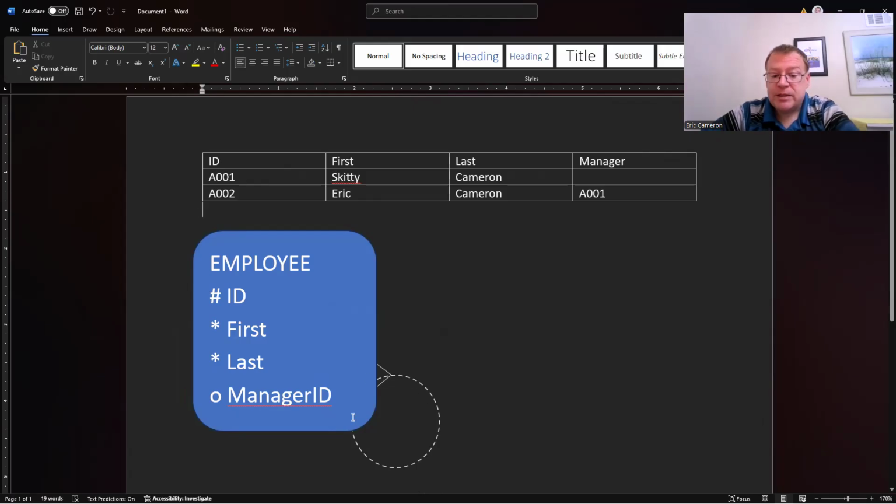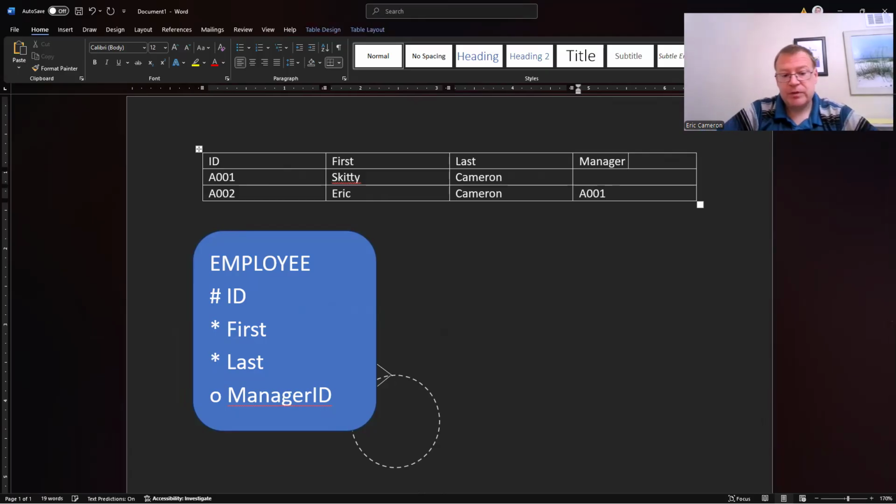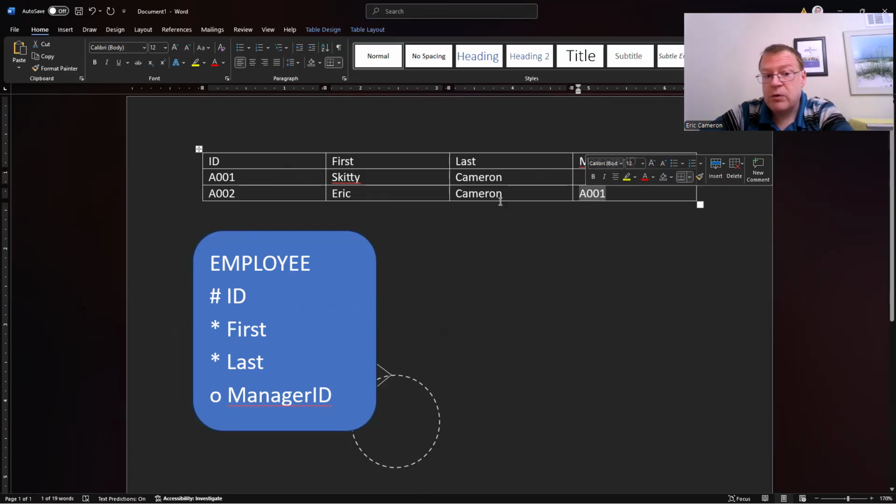But the idea here is that an employee can be managed by another employee. And this really should be a manager ID, but this would effectively loop back and cover that relationship. So what that allows me to do is go back and say, okay, well, this person's manager is A001. We look that up, and as expected, it would be the cat.